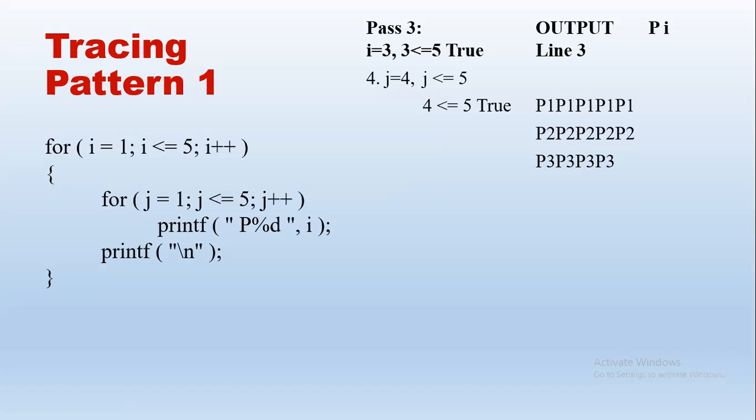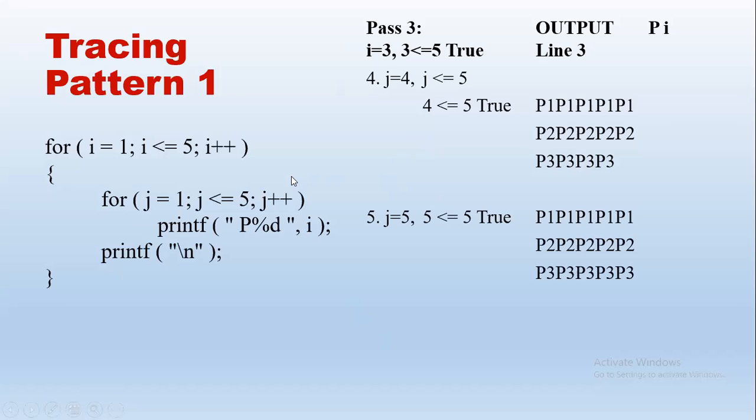Next, J becomes 4. P3, that means the Pi value, we are still printing. Pi is 3, so we are printing P3 for the fourth time in line 3, right? Then J becomes 5. When J is 5, 5 less than or equal to 5, condition is true.